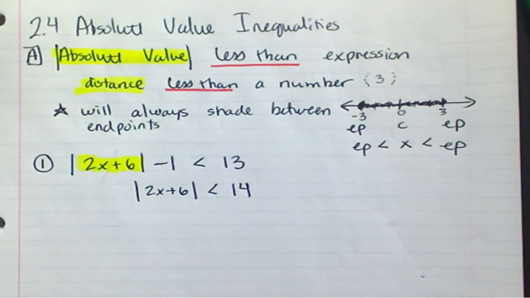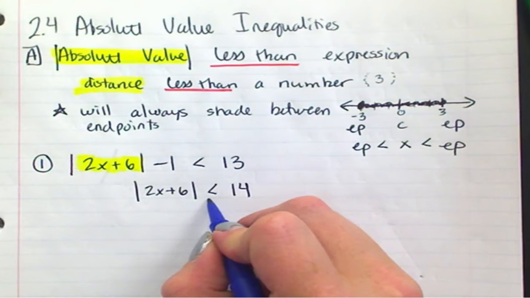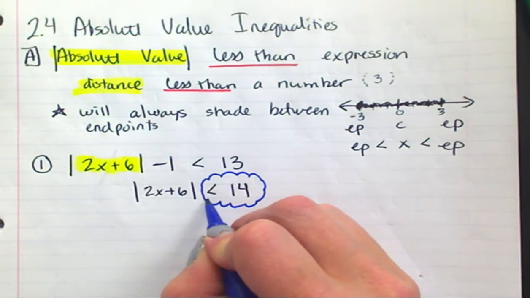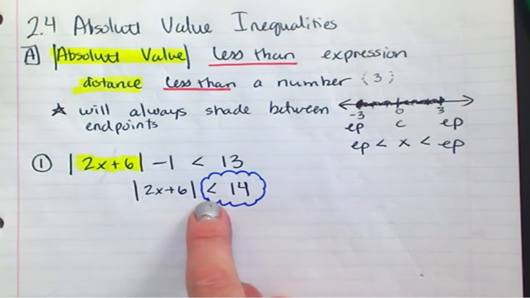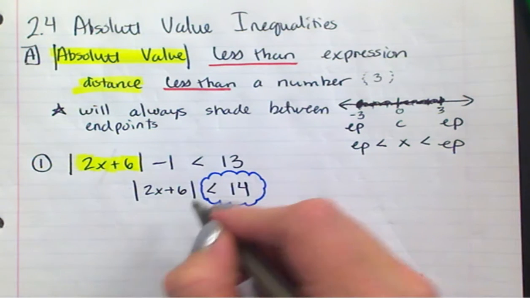I still have to check my work. Can distance be less than 14? Yes. Okay, continue. Right? You got to look at your work before you just mindlessly try to solve it. This is a good equation to solve.